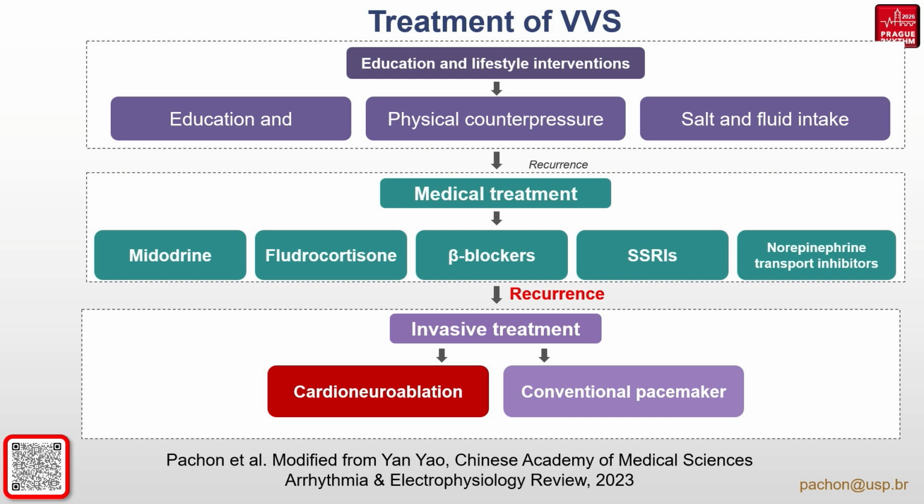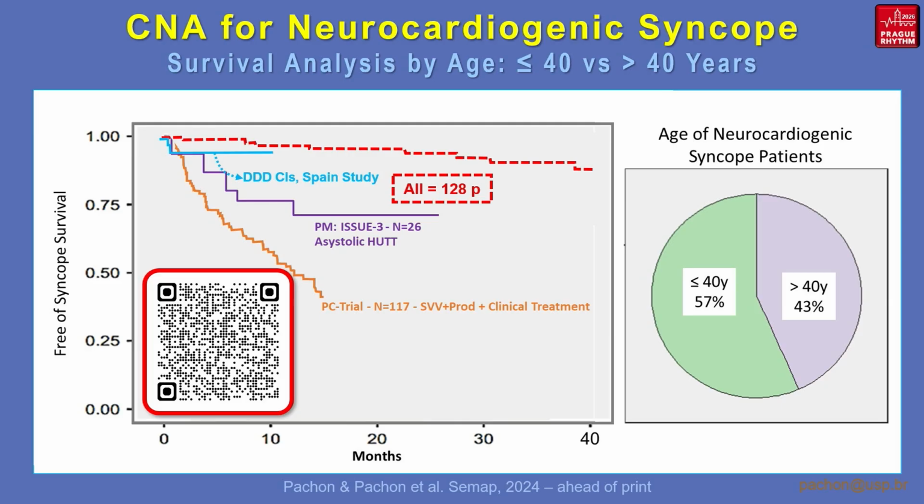If it does not work, we have to use medical treatment like midodrine, fludrocortisone, beta blockers, antidepressive drugs, and norepinephrine drugs. If there is recurrence despite the medical treatment, we are ready to do the invasive treatment, which may be cardioneuroablation or the conventional pacemaker.